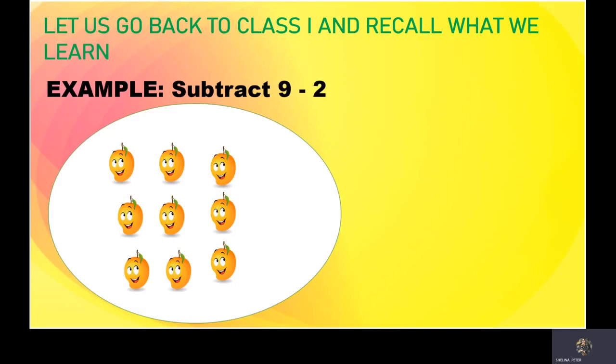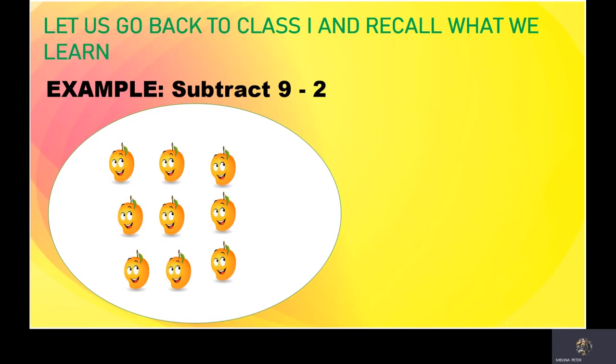Let us go back to class 1 and recall what we learned. Here is an example of subtraction. Subtract 9 minus 2. So as you can see in this circle, how many mangoes are there? Let us count. 1, 2, 3, 4, 5, 6, 7, 8 and 9.